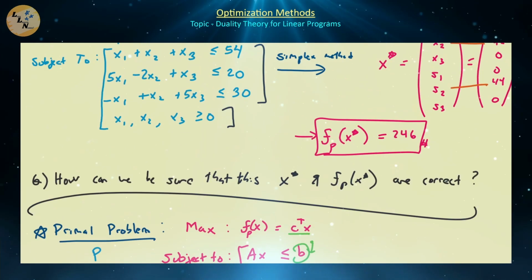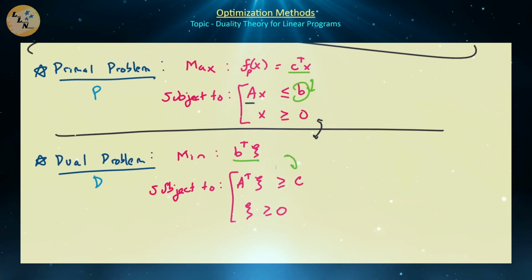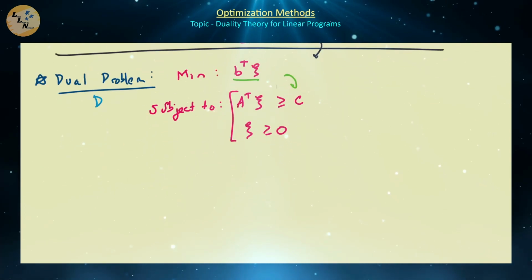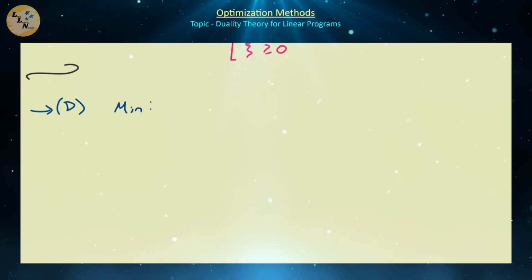So if we go back to our problem that I specified right here, maximize this functional subject to these 4 or 6 constraints, what would be the dual problem for that particular primal problem? If we start off with a maximization problem, that means the dual problem will turn into a minimization problem. So our goal is going to be to minimize the dual functional f_d, and this is going to be a function of psi.